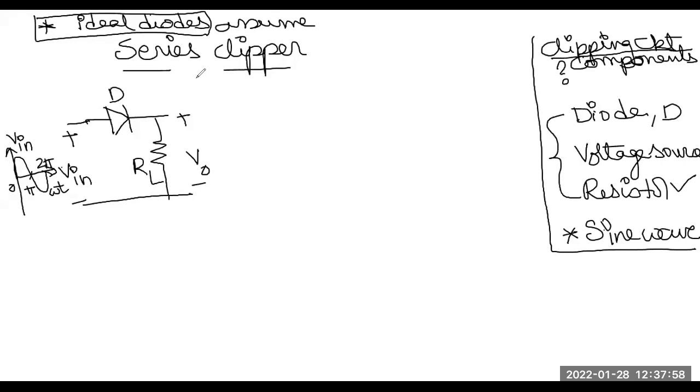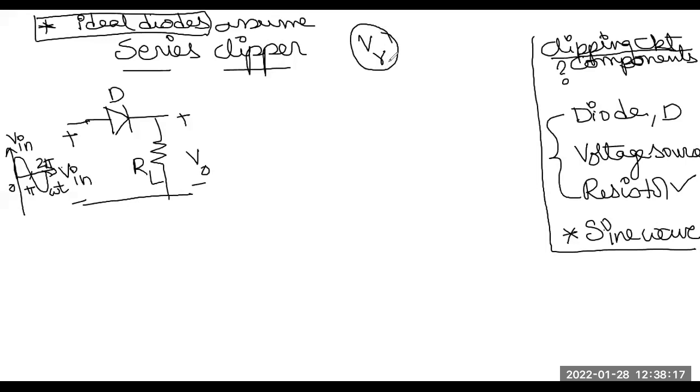Practical diodes vary with the temperature, and ideal diodes are assumed for our comfort. Okay, fine. But the basic difference between ideal and practical diodes lies with respect to V gamma.